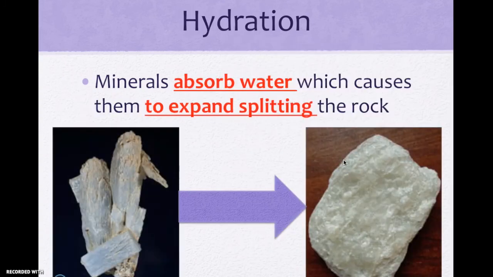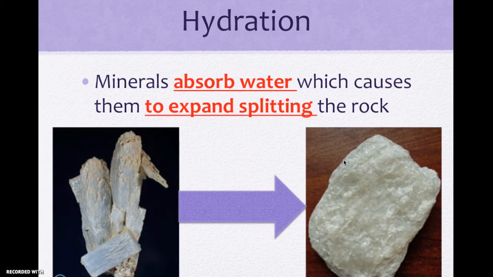Then we have hydration. Now, this is a second type of chemical weathering using water, although not directly. So what happens is there are certain minerals that love water. They love it so much, they kind of invite it over to their home and it never leaves.